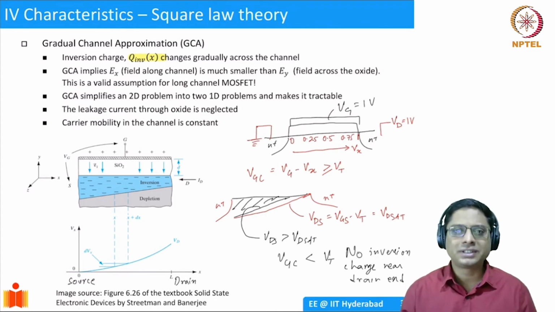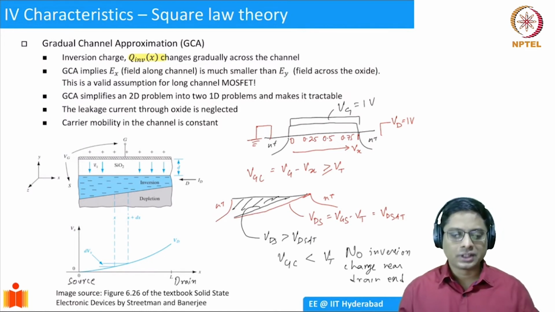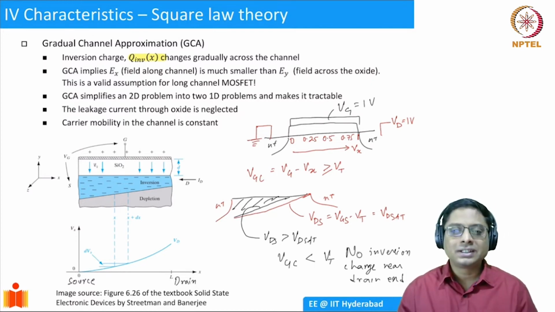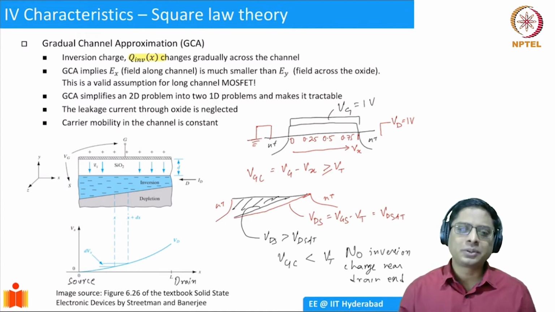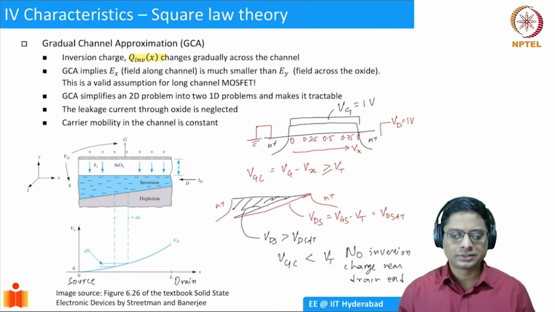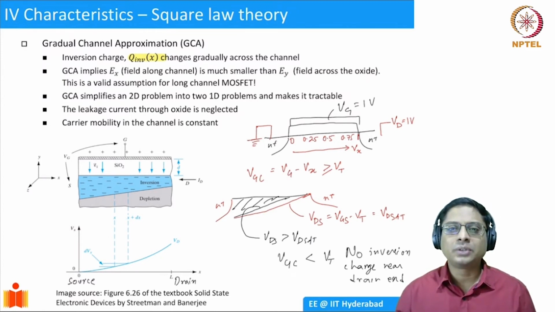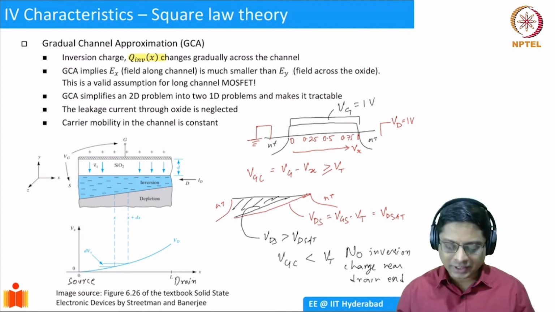We are assuming that is still holding true. If not, we will have some trouble. And of course, carrier mobility, we are assuming it's constant. In reality, it doesn't turn out to be constant. There is some dependence on the gate voltage, but for our purposes right now, we will neglect that. So this is the gradual channel approximation. And what is the drain current now?